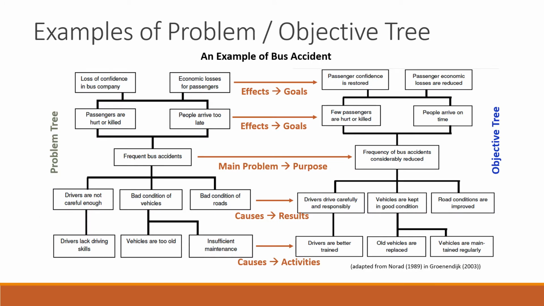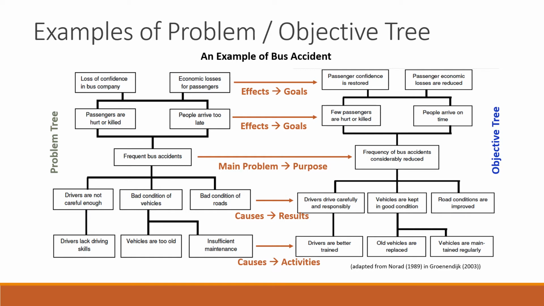For example, you see in the left part an example of a problem tree, where the problem is very simple: frequent bus accidents. In this problem tree analysis, the frequent bus accidents are analyzed by 3 root causes.